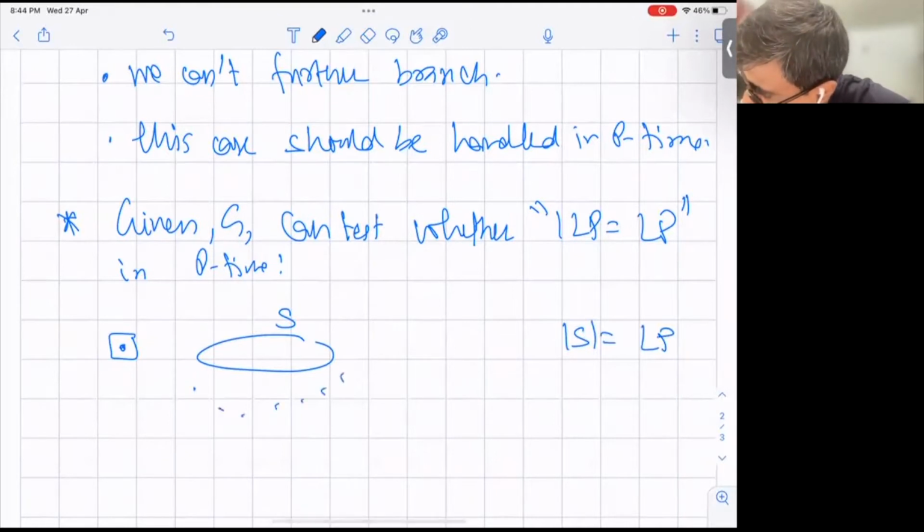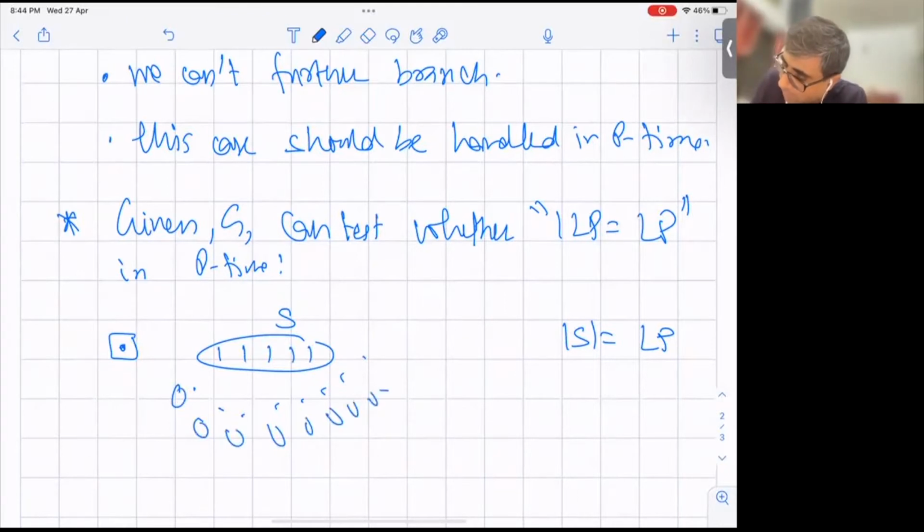So there is a solution that assigns 1 to these vertices and 0 to everybody else. This is an integral solution to our vertex cover problem, and the property is that the size of the solution is equal to the LP value.